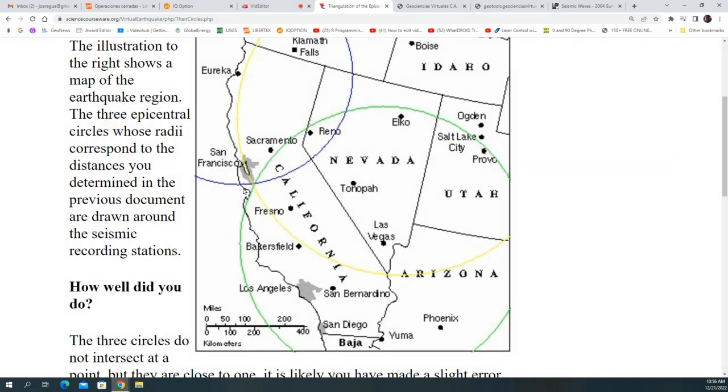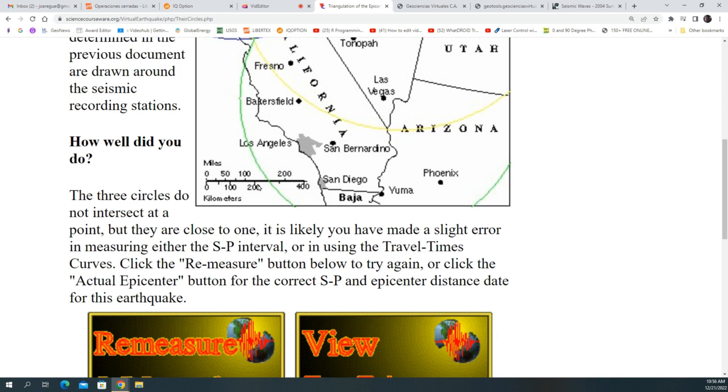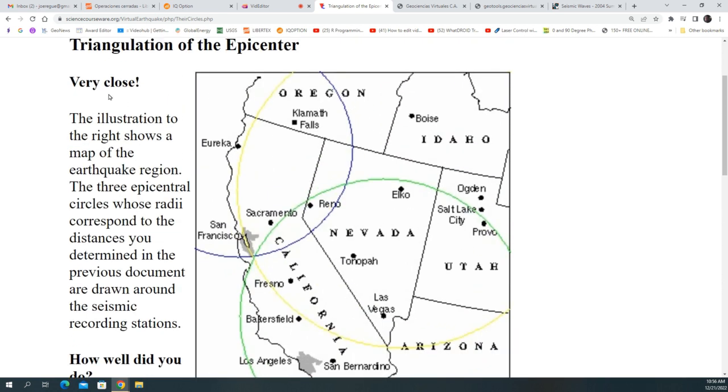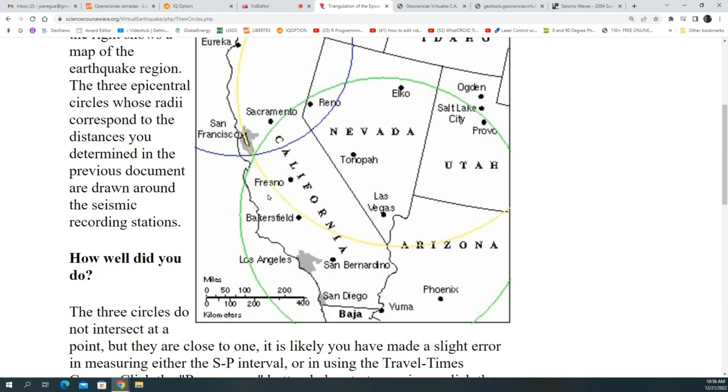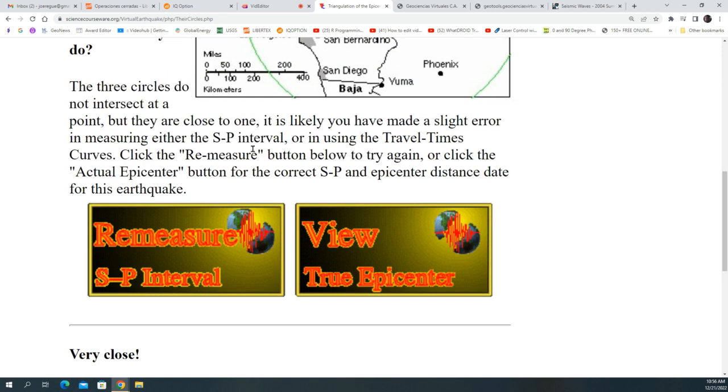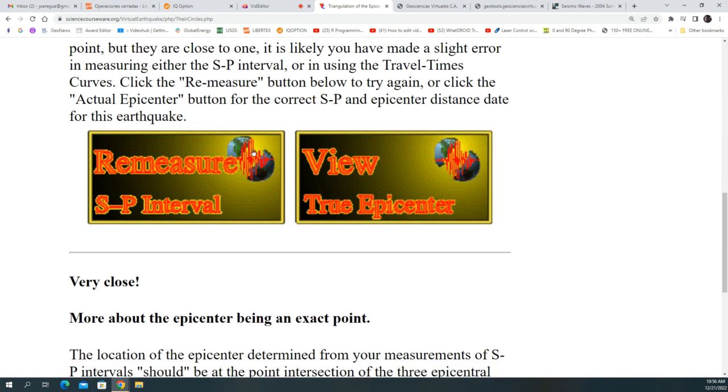And that would be the place for the epicenter. Okay? So we actually did it very close. This is the place where the earthquake took place.